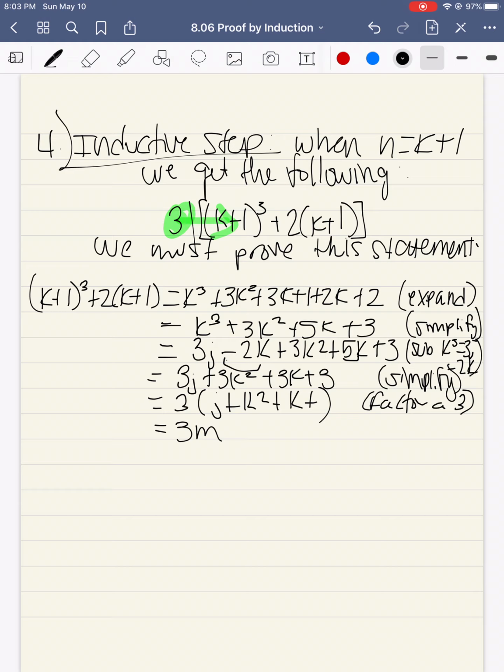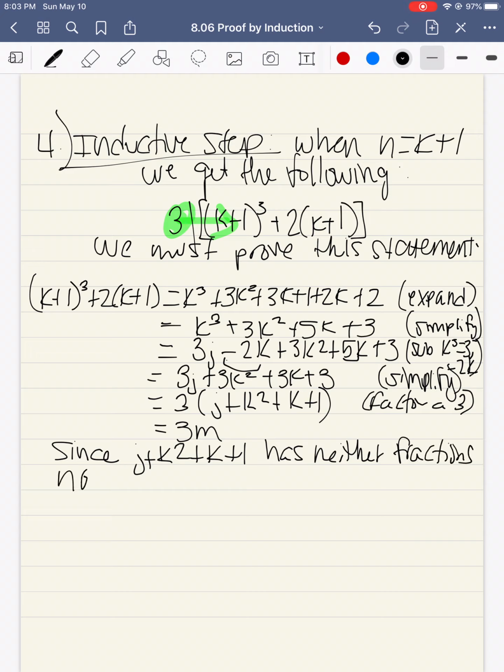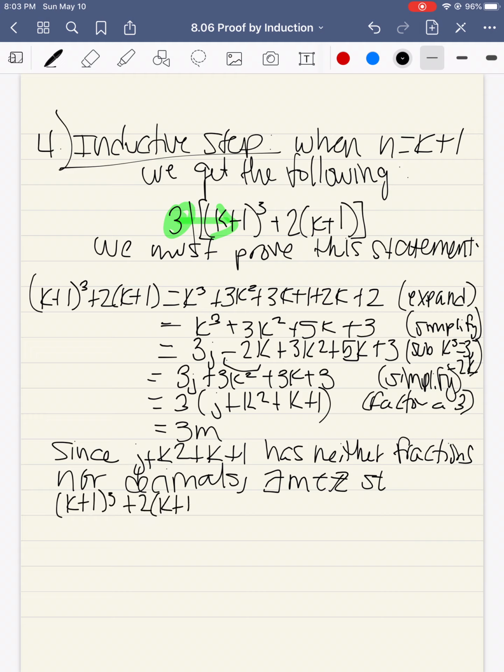And so, since j plus k squared plus k plus 1 has neither fractions nor decimals, there exists an m in Z such that k plus 1 cubed plus 2 times k plus 1 is equal to 3m.